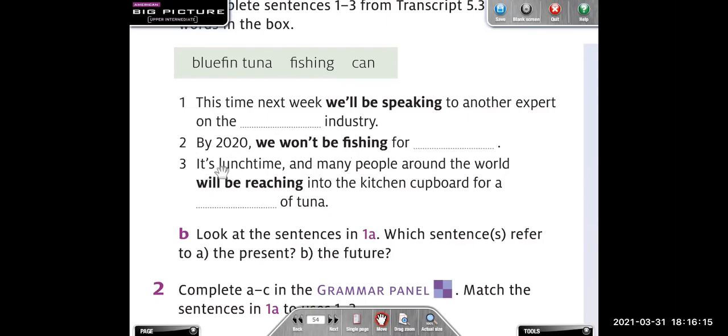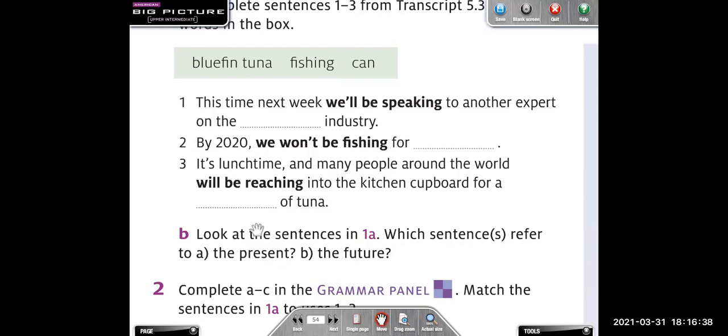And here we have, it is lunchtime, and many people around the world will be reaching into the kitchen cupboard for a can of tuna. Future, but it says it is lunchtime. Es hora de almuerzo, dice. So this is the present, right?